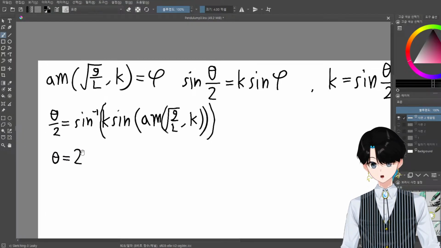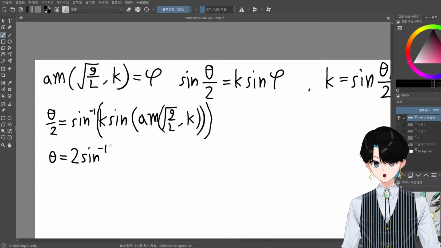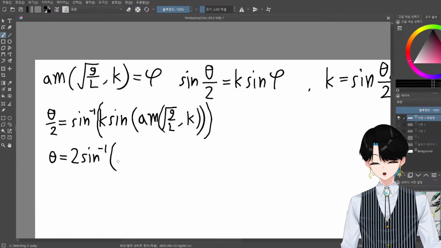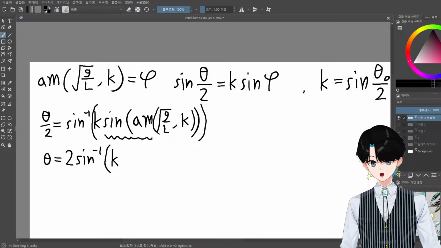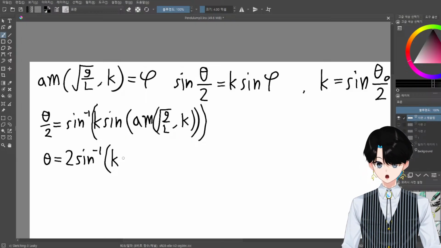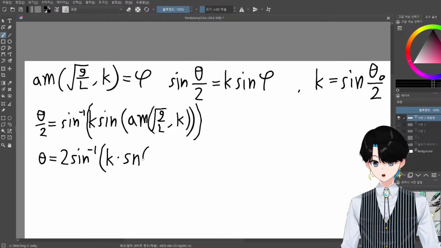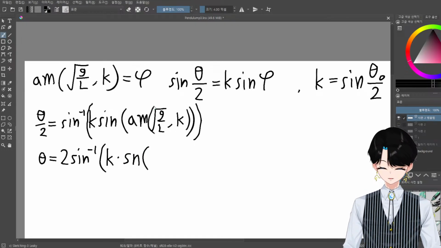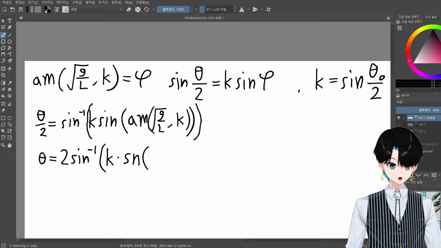And it's done. The theta is basically sine inverse, sine inverse sine of K, and notice this one right here, sine of Jacobi amplitude, which is this one right here. What's it called? Jacobi sine? I think that's not the correct word.